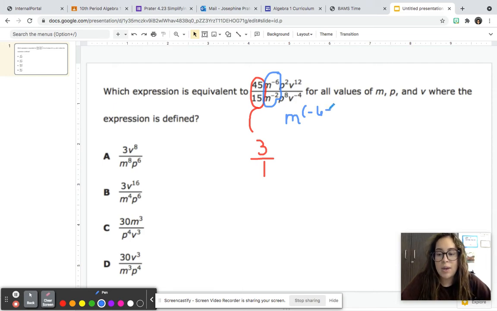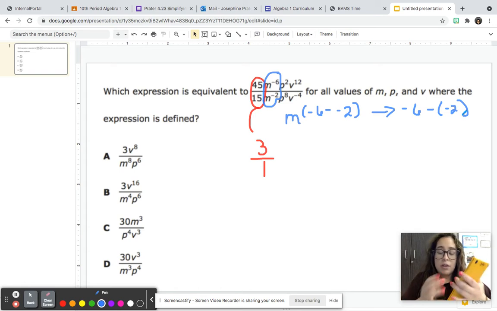I'm going to take away the negative 2 from negative 6. So in my parentheses, I'm going to use my calculator to figure out what that is: negative 6 minus parentheses negative 2. And then it'll give me the answer.